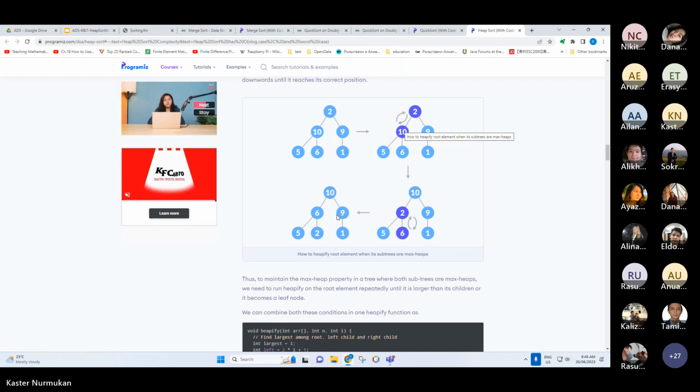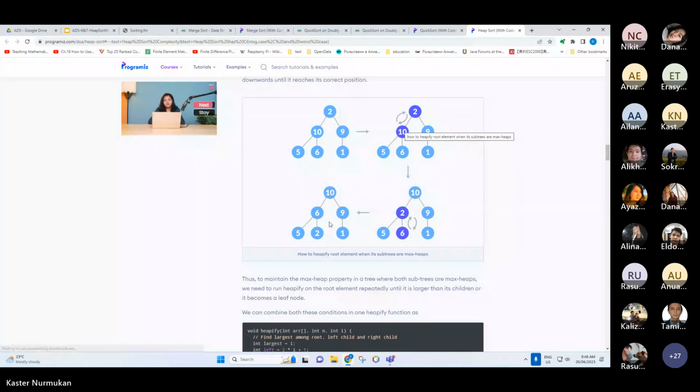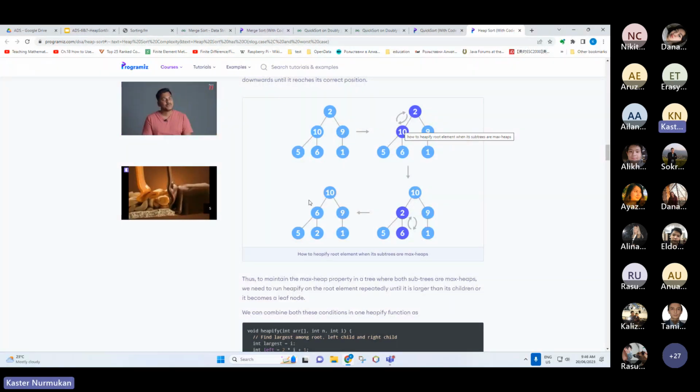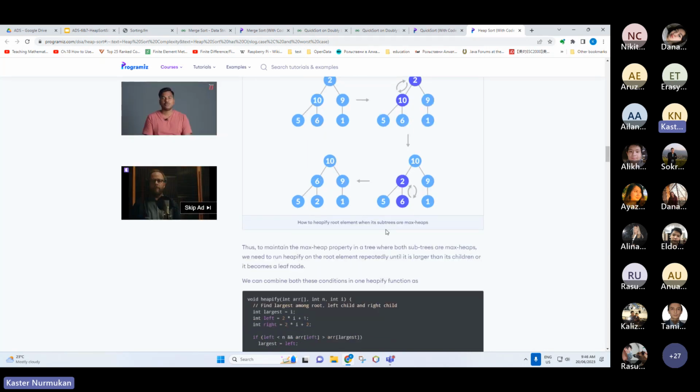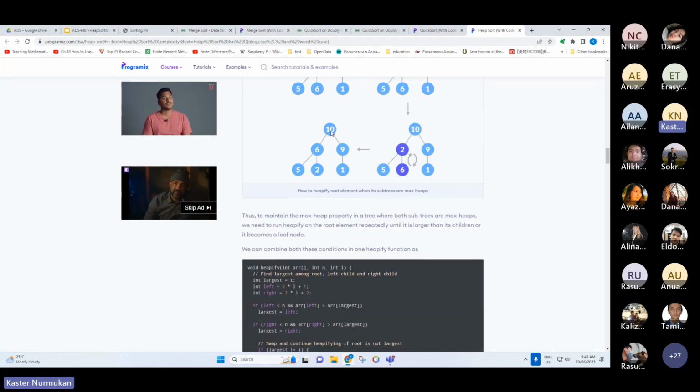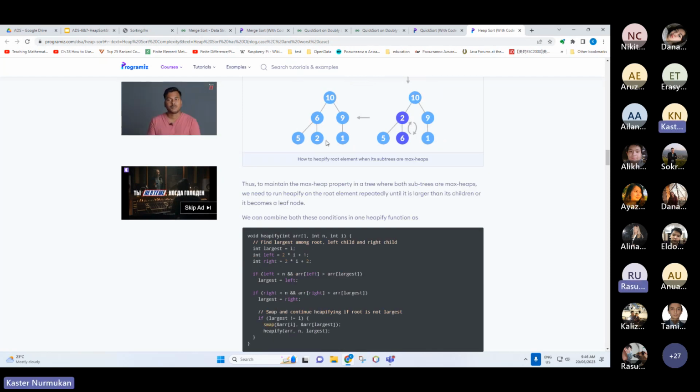Finally it becomes a max heap. As you can see, this is a small subtree that also needs the heapify process. Finally, that's a 10 at the top, with each level filled one by one from left to right. So that's a max heap.